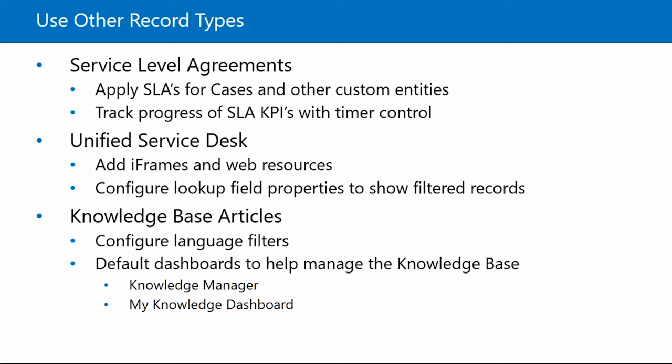There are 2 out-of-the-box dashboards to assist with keeping the knowledge base active and current. The Knowledge Manager dashboard displays a list of proposed articles, draft articles in need of review, as well as expired articles in need of review, and not only that, but most popular articles.